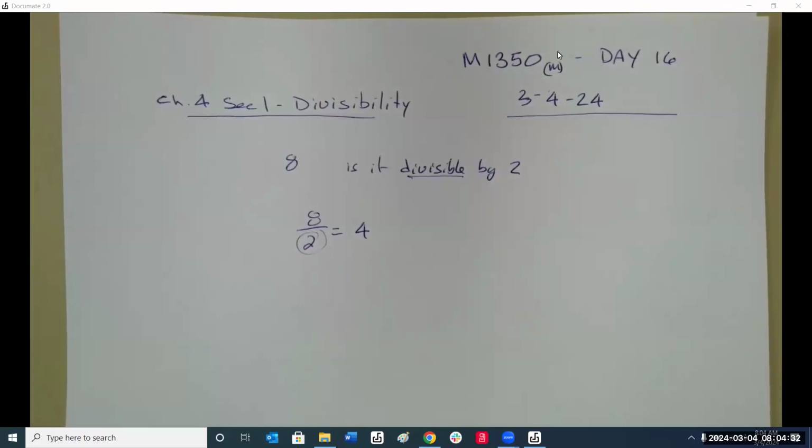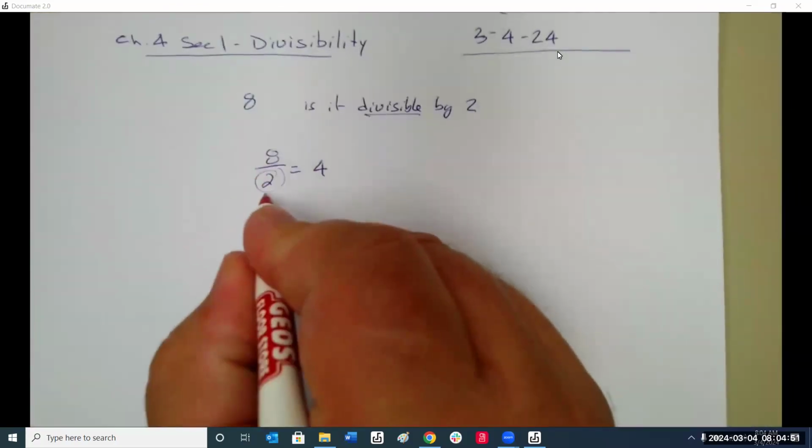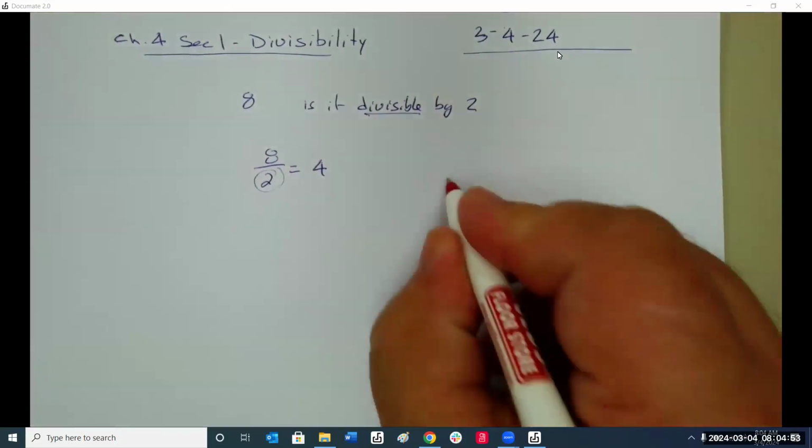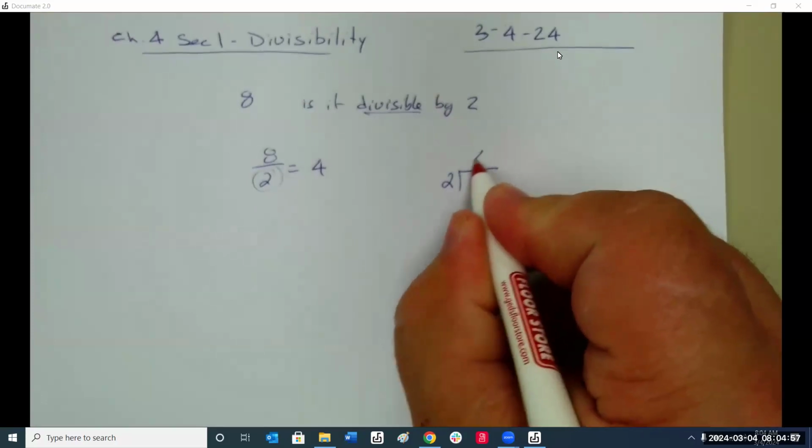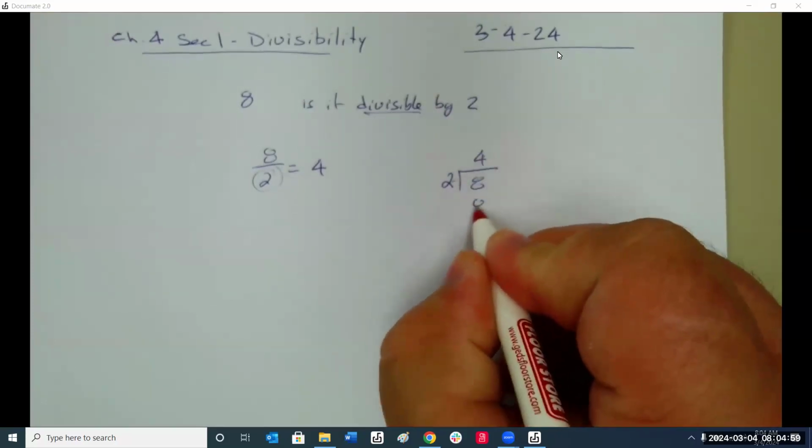So when we look at divisibility, if one number is divisible by another, what do we look for? How do you know if it's divisible? We know 8 is divisible by 2 because if I took 2, how many times does 2 go into 8? 4. 4 times 2 is 8.